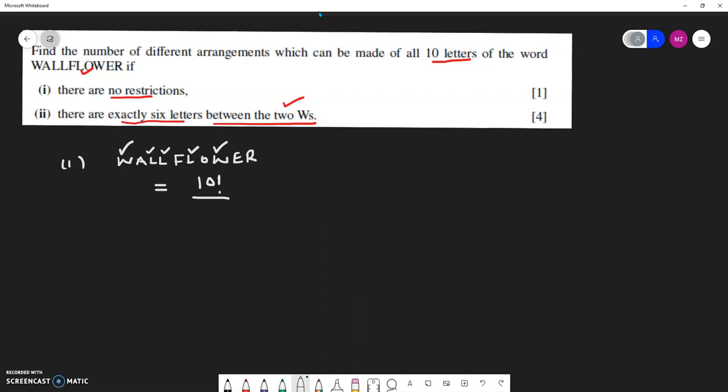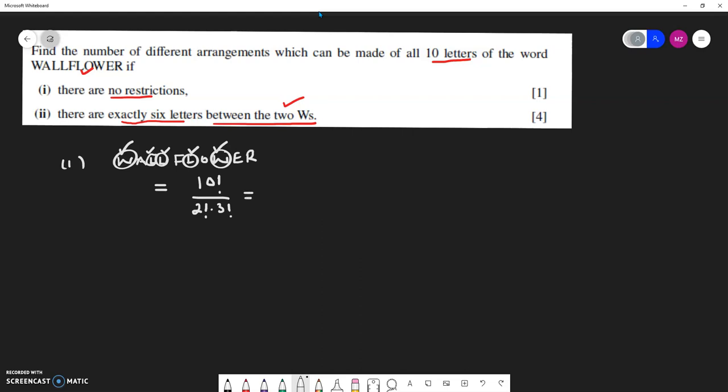First we take into account the W. There are 2 W's, so you need to divide by 2 factorial, and then you need to divide by 3 factorial because there are 3 L's.